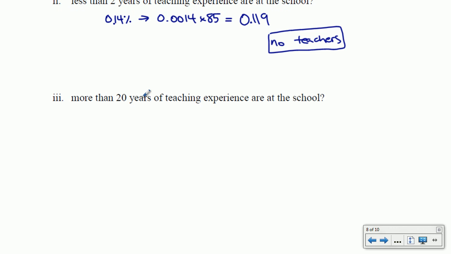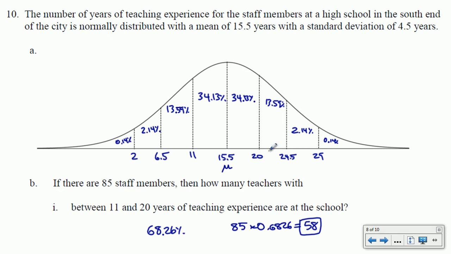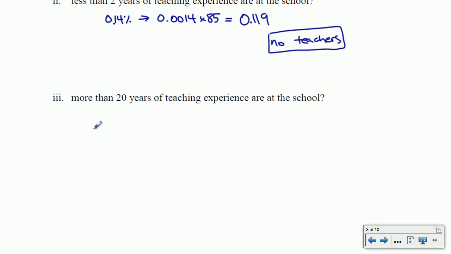Next, we're looking to find out how many have more than 20 years of teaching experience at the school. So looking at our distribution, 20 is here, 13.59 plus 2.14 plus another 0.14. So that plus that plus that. So 13.59 plus 2.14 plus 0.14.